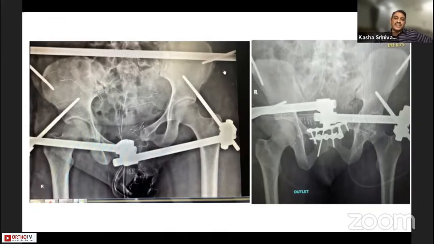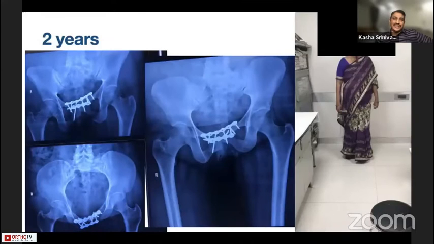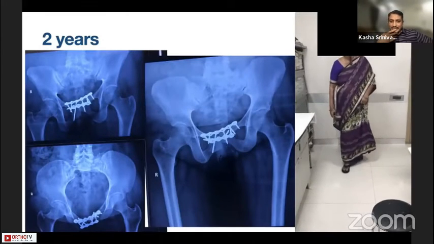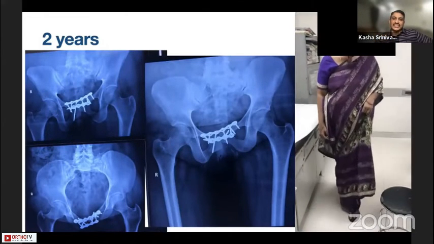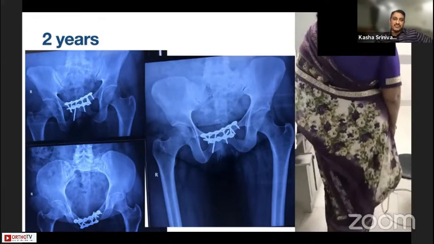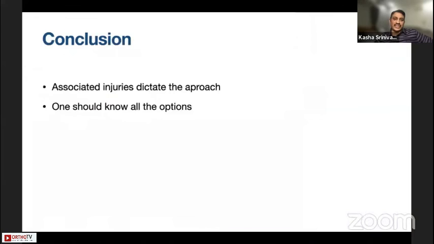Initially with the supra-acetabular pins, followed by once patient got stabilized and the posterior part started to heal, I had put plates. And although the reduction is not good, that is 2 years post-operative outcome of the same patient. You can see the vertical displacement, but the ring is stable and the patient is able to do her activities.